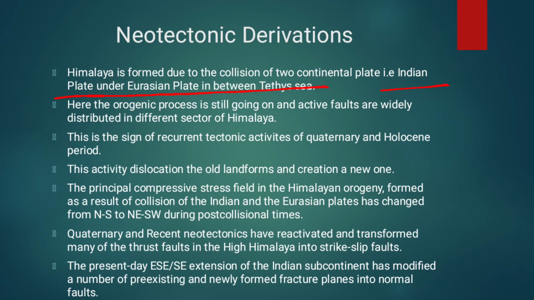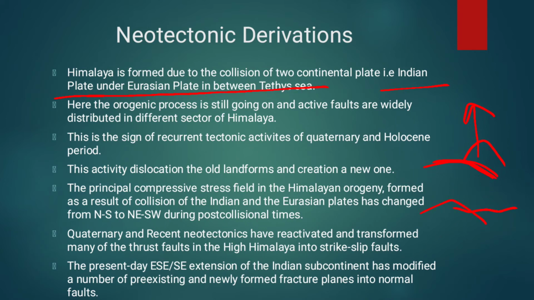Because of the collision, this is the Indian plate, this is the Eurasian. The Eurasian got up and it's going down. Both are continental plates, and in between there is the Tethys Sea.